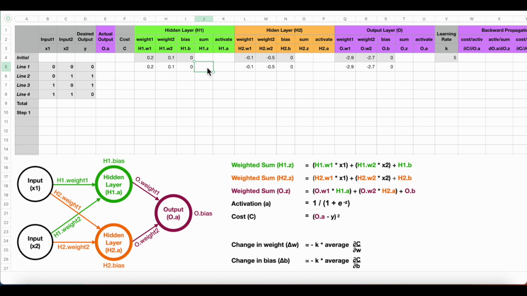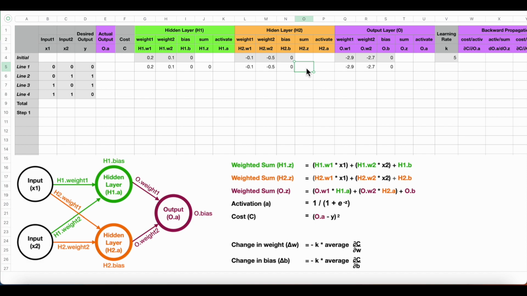The H1 weighted sum is going to be the H1 weight 1 times X1 plus weight 2 times X2 plus the H1 bias.